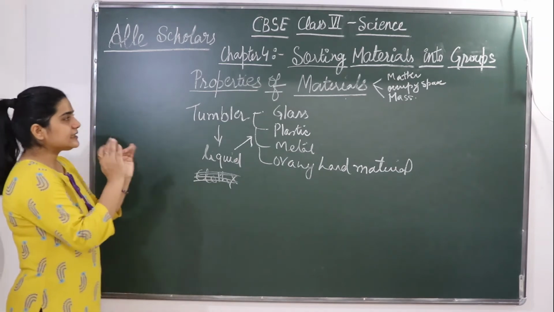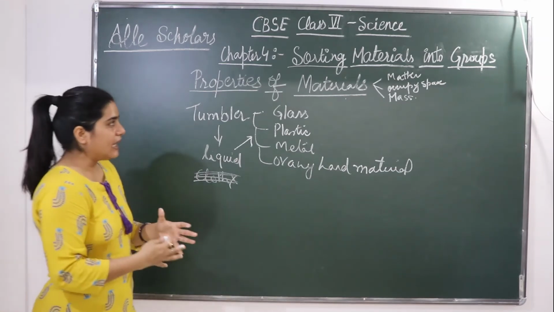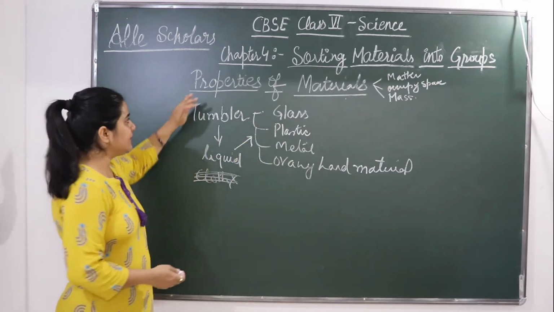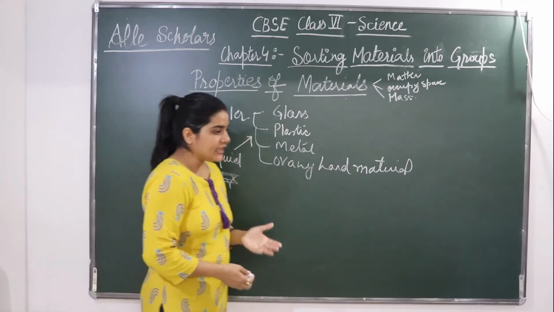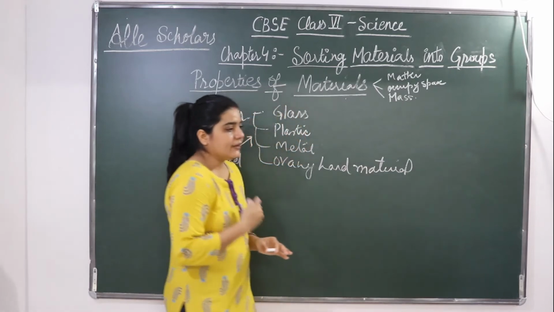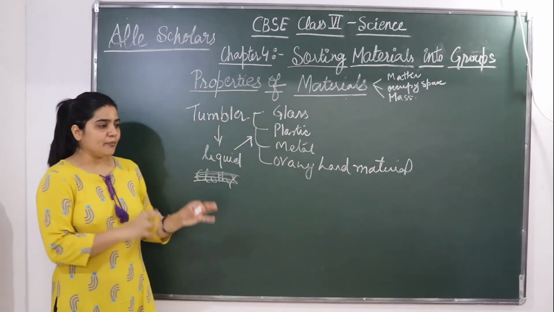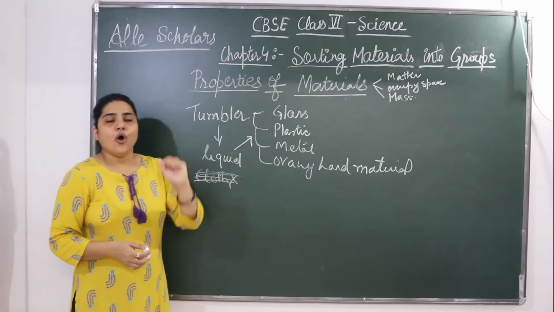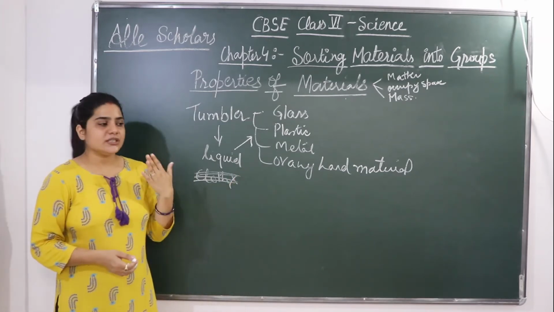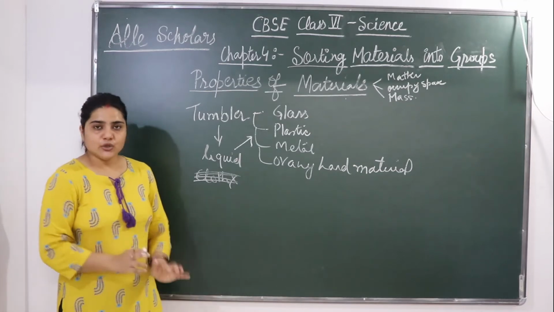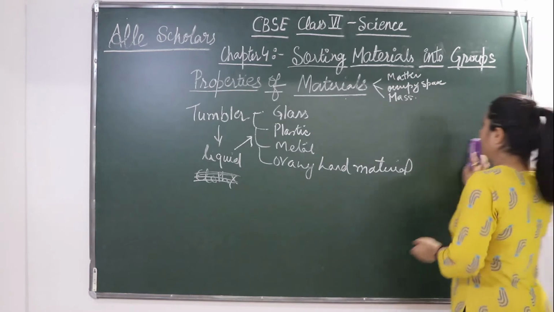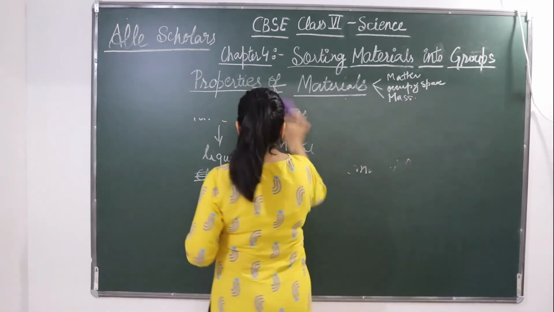Okay? So what material an item should be made up of depends on its properties, or you can say that we choose a material to make an object depending on its properties and on the purpose for which that object is to be used. Okay? So, how do we choose material?